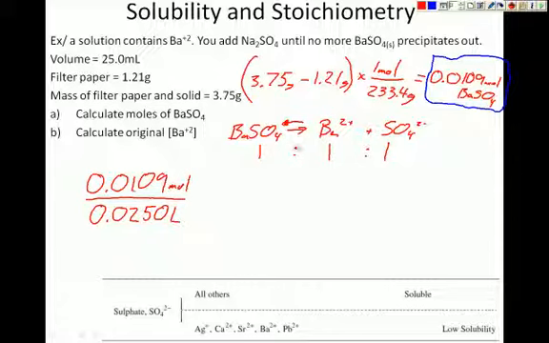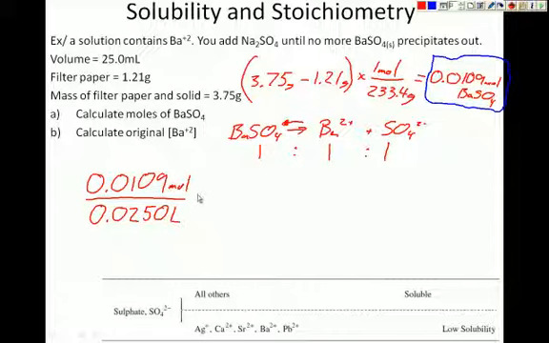So since it's a 1-to-1 ratio, the amount of moles of barium sulfate is going to equal the amount of moles of just barium. So we can leave this as is because it's a 1-to-1 ratio, and this should give us the concentration of Ba2+.